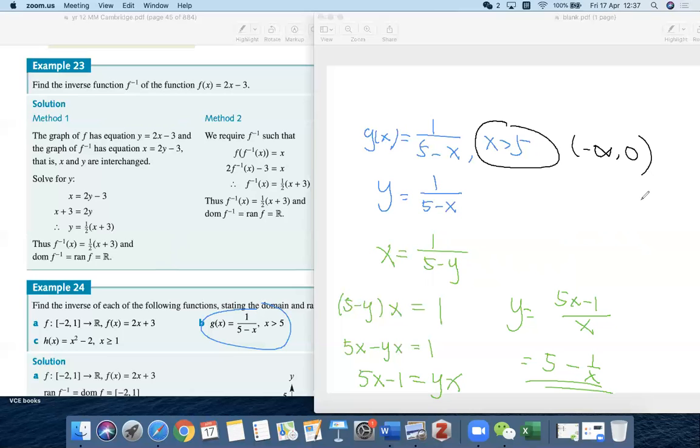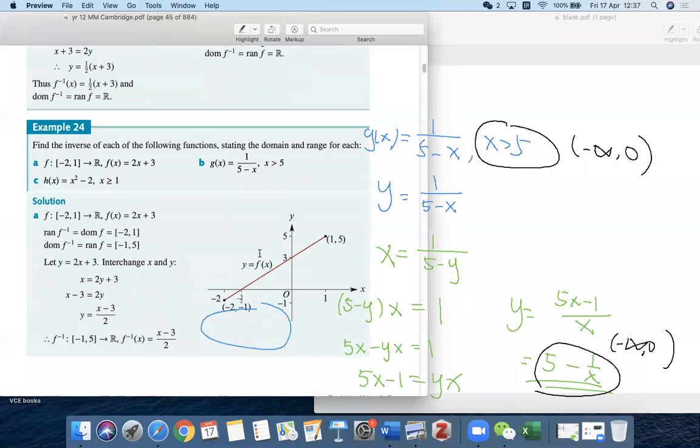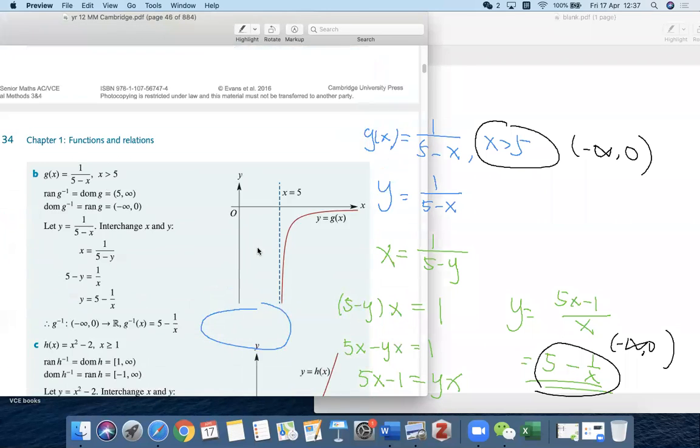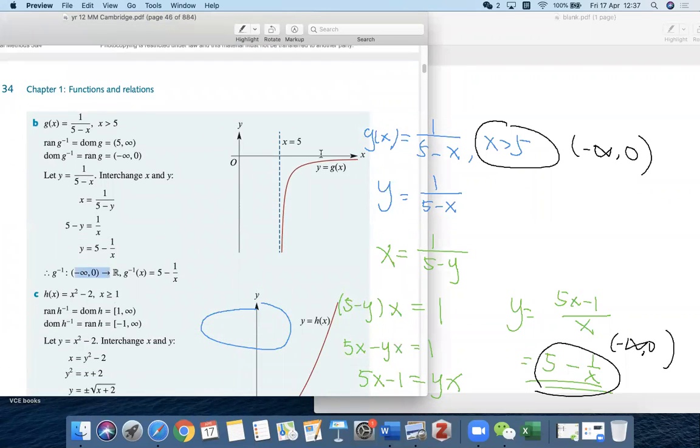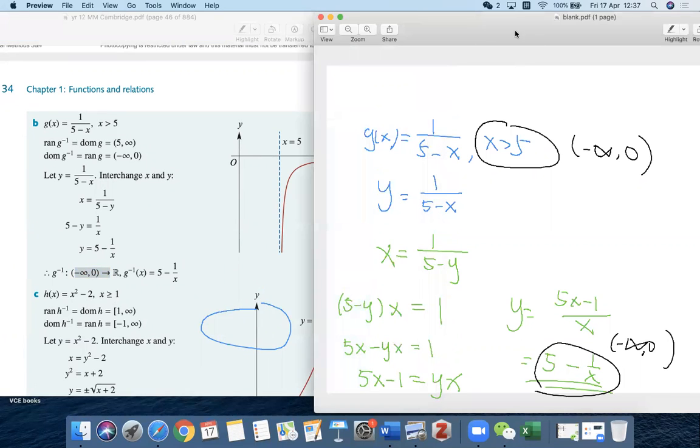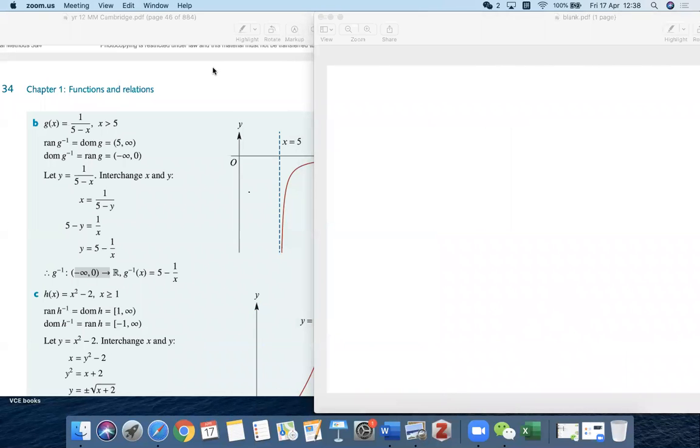So for the next part, the domain of the inverse is negative infinity to 0 as well. Let's look at another question.